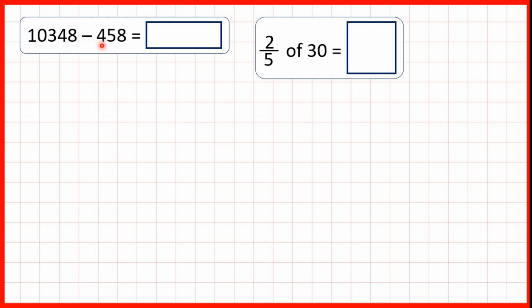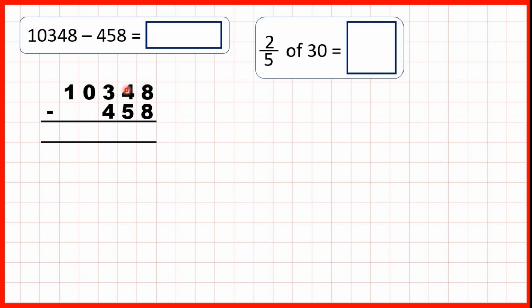Now 348 minus 458. So we can set this out as a column subtraction, making sure that we have our digits lined up on the right hand side, because that means that our ones, tens, hundreds, thousands and 10,000s columns will be lined up. Now 8 minus 8 is 0. We can't do 4 minus 5, so we go to the left, 1 less, 1 in front. 14 minus 5 is 9.